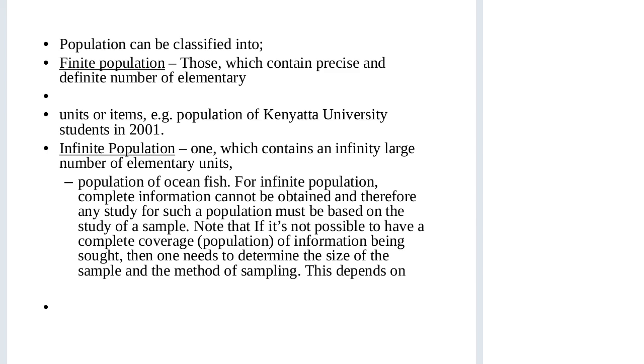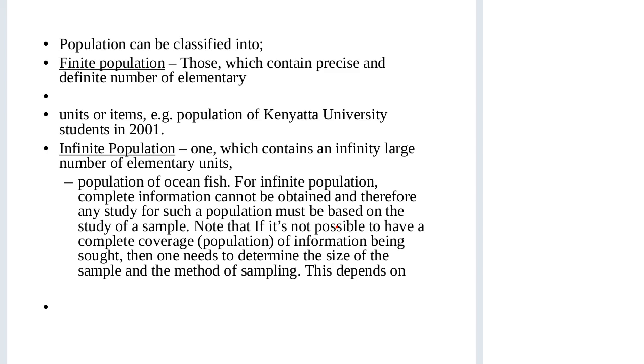You can know exactly the number of elements in that population. Like if we want to know the number of students in CTech University at a specific time, we can actually count and get the exact number of students.